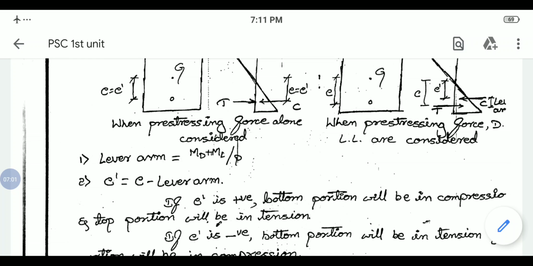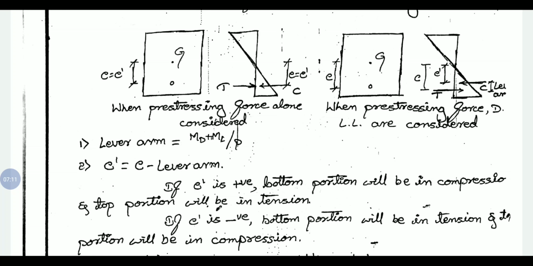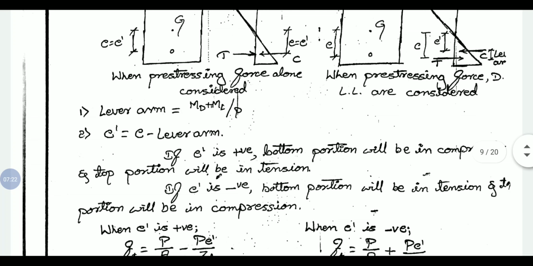So the lever arm, the distance between the tensile force or position of the tendon and the compressive force, is calculated using the formula (MD plus ML) by P. MD and ML are the moments of dead load and live load, and P is the pre-stressing force.